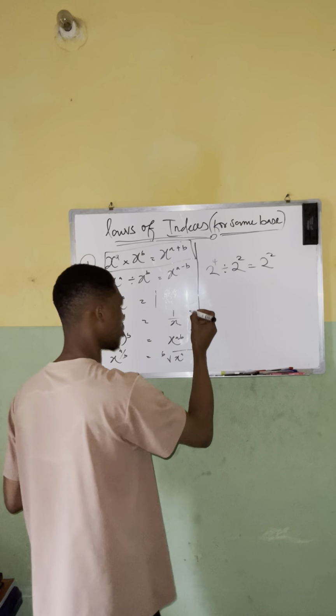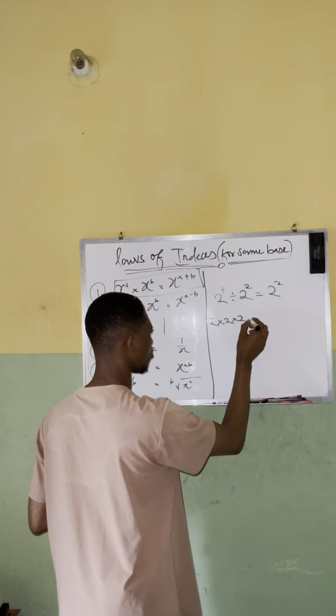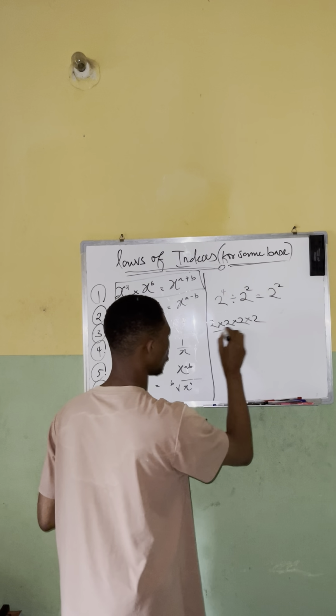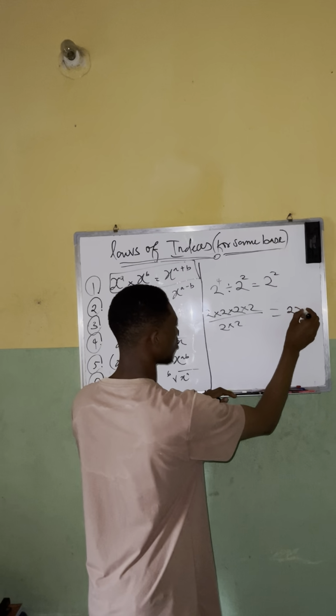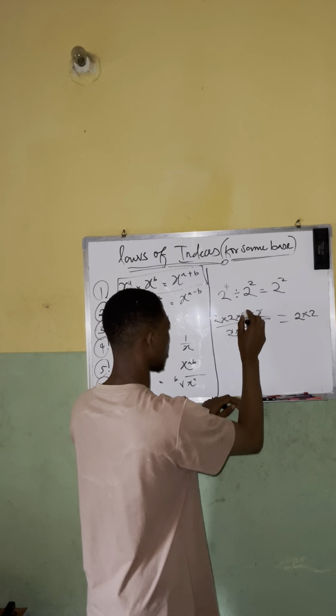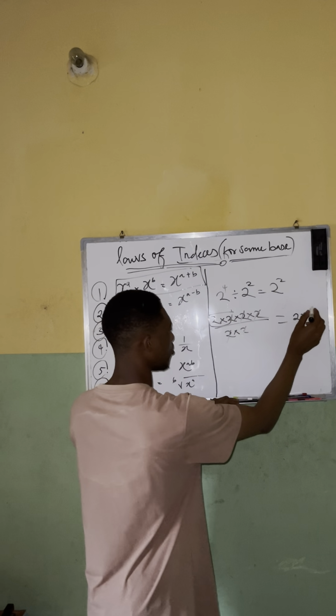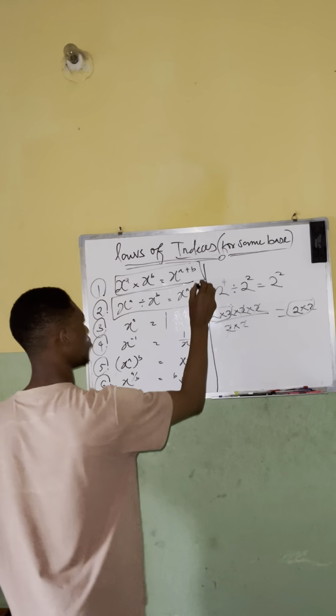The same way, you just do 2 times 2 times 2 times 2 all over 2 times 2, which equals 2 times 2. To know if we are correct, you cancel out. This is what you're left with, and it's the same as this. So the law is correct. We've gotten the second one, that's the division rule.